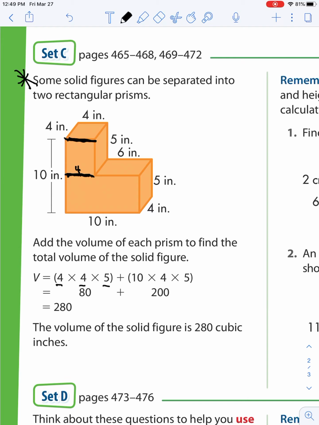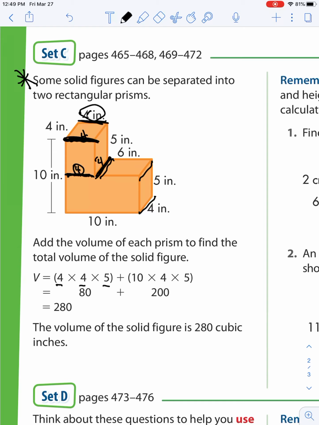So 4 here, 4 here, 4 here. So 4 times this width here, and that is 4, because once again, opposite sides are equal.